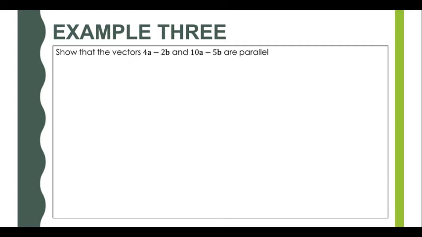To show that vectors are parallel, we need to show that one is a scalar multiple of the other. To do this, we can factorise both of our vectors. So we can take a common factor of 2 out of our first vector, and a common factor of 5 out of our second vector.